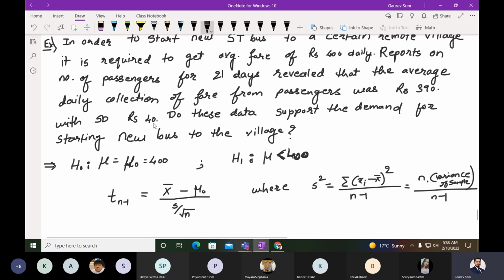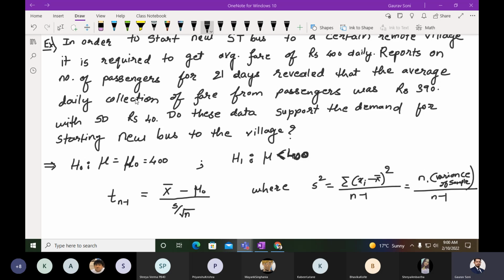Standard deviation is given to be 40. What will be the variance? The variance is the square of the standard deviation, so variance of the sample is 40 square.